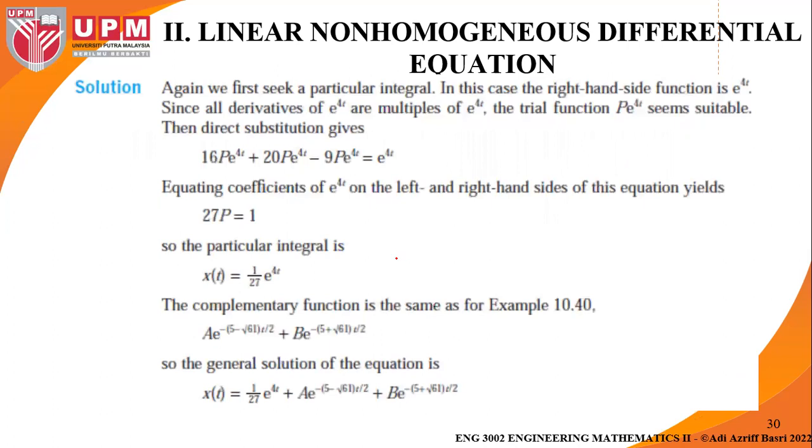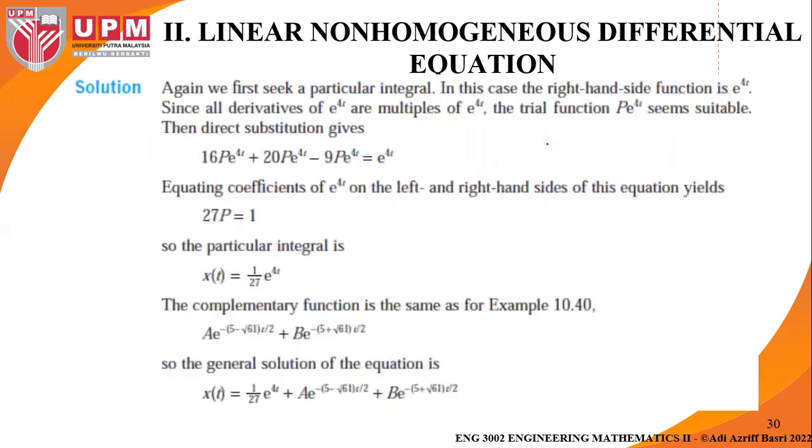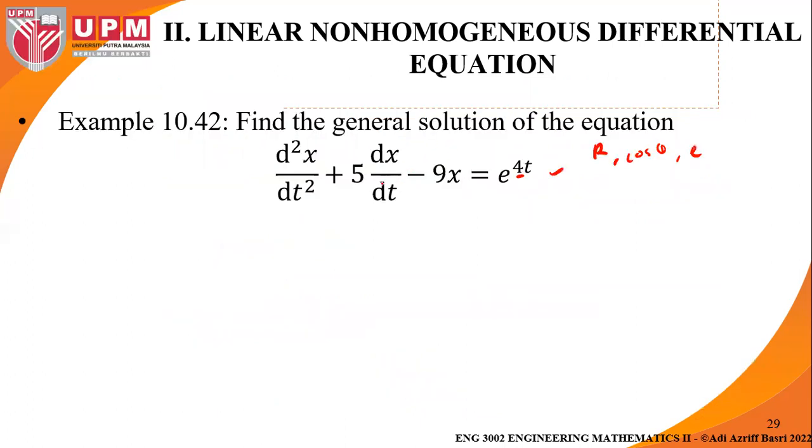So when you get exponent, in this case the right-hand side is exponent 4t. Since all derivatives of exponent 4t are multiples of exponent 4t, the trial of p exponent 4t is selected.